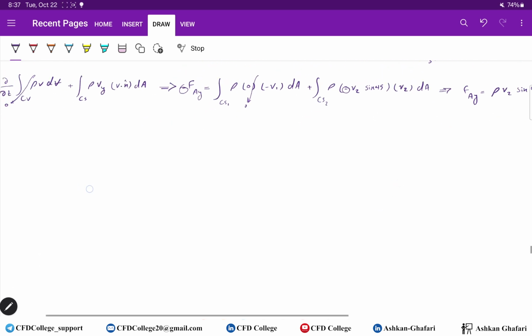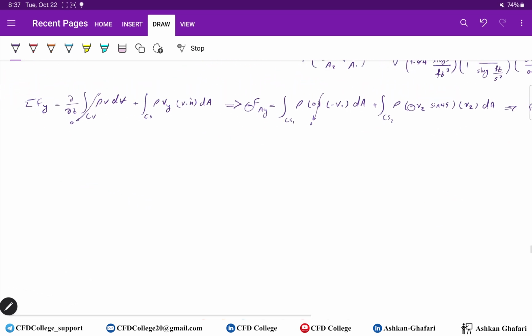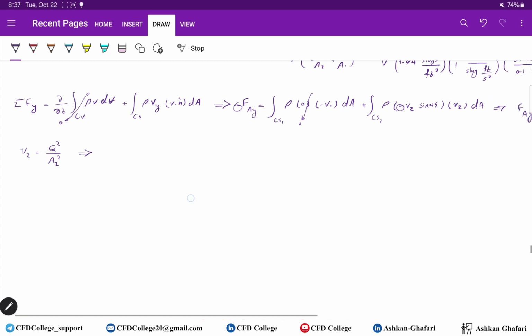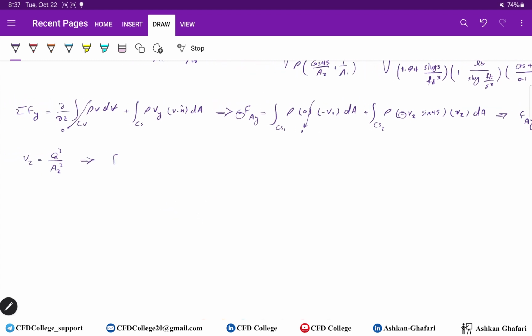So again, we know that V2 equals Q over A2. So FAY equals rho Q square over A2 sine of 45. You should put this in the equation.